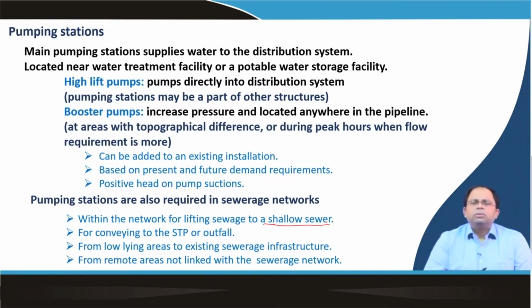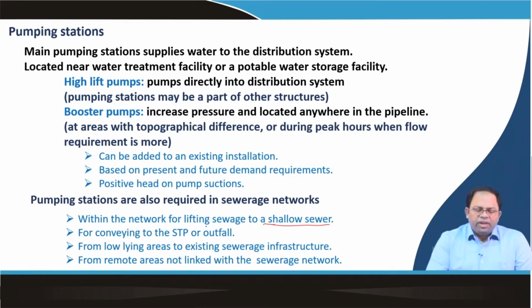Usually in municipal slums and similar areas, you will find that the sewerage network is at a higher level. So, it is a shallow sewer network. There we have to lift the sewage from the existing sewerage network into this shallow sewer system, and for that we have to use a pump.